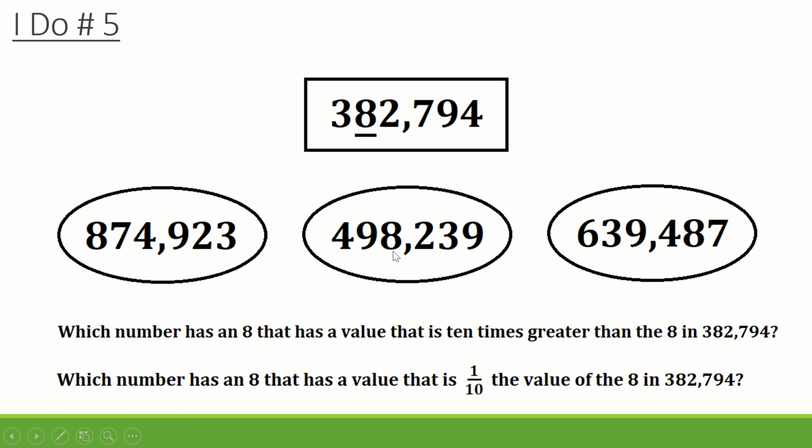Because if I were to multiply 8 times 10, I would get 80,000. Or if I were to divide 80,000 by 10, I would end up with 8,000. Similarly, if I were to multiply 80,000 times 1/10, I would get 8,000 as well.